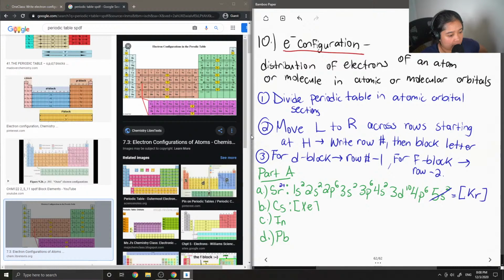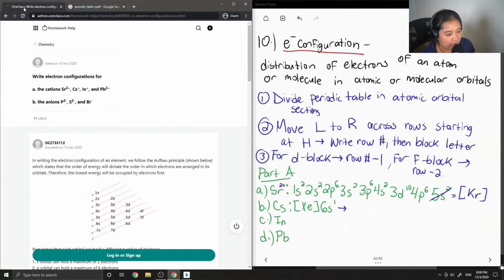Then we continue the electron configuration the same way that we normally do. So in this case, it's xenon and then 6s1. Now the question asks for cesium +1. Again, we just have to remove this last electron, and it has an electron configuration that is the same as xenon.